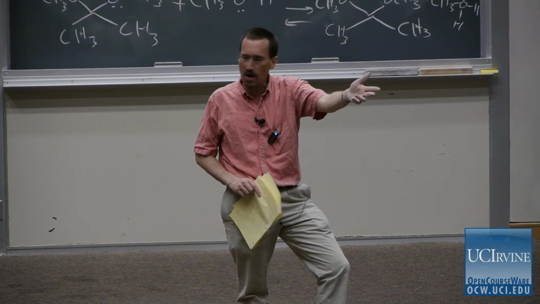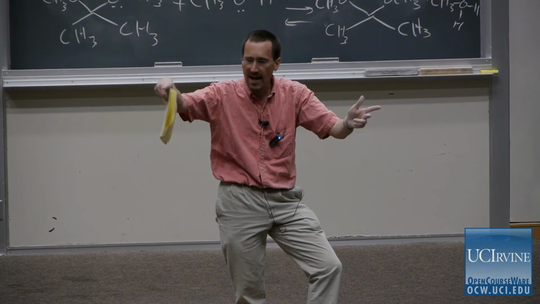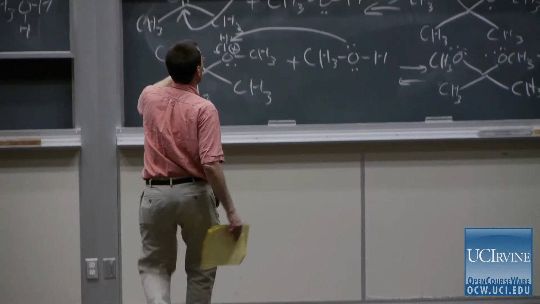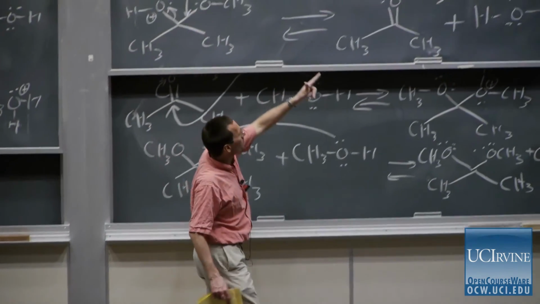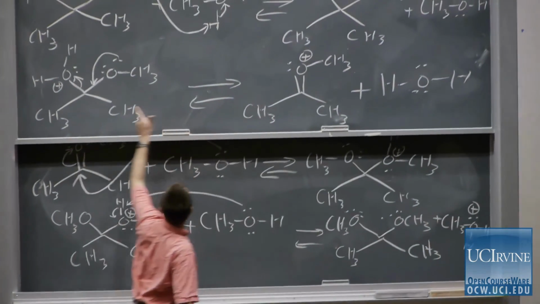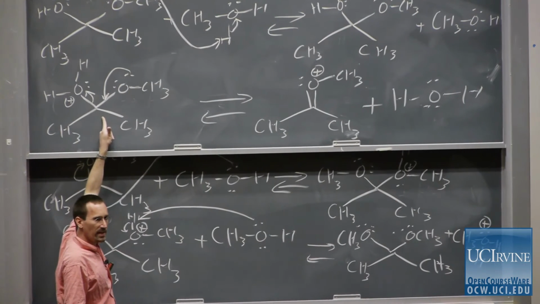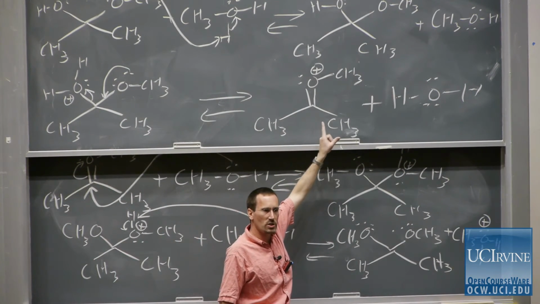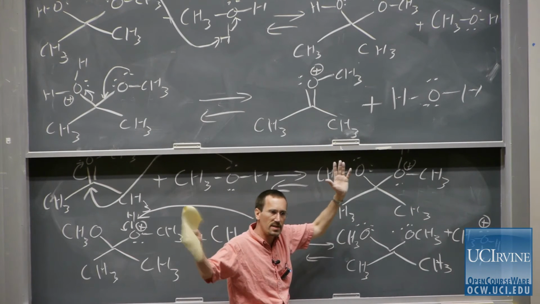And you mentioned carbocation, and the reaction is indeed an SN1 reaction. Because if you think about it, remember, the leaving of water as a leaving group to form this species is just a carbocation. It's just the other resonance structure. They're one and the same.